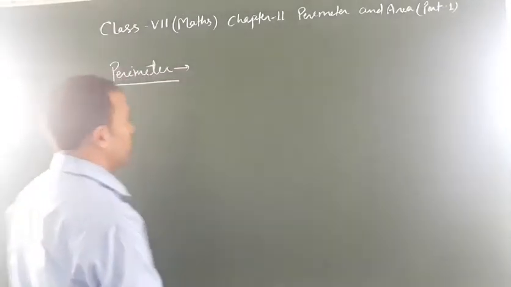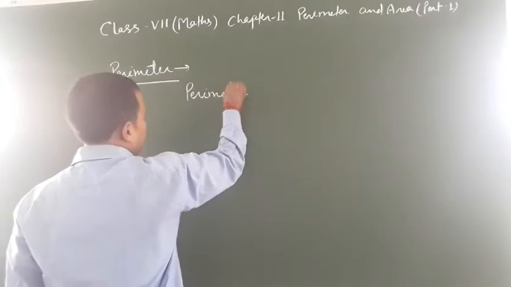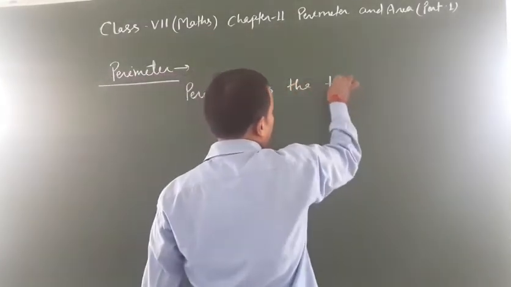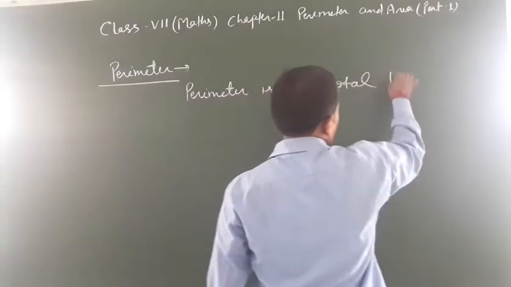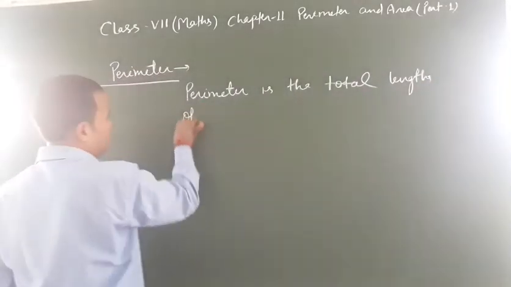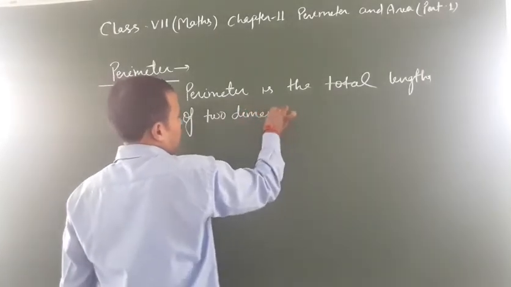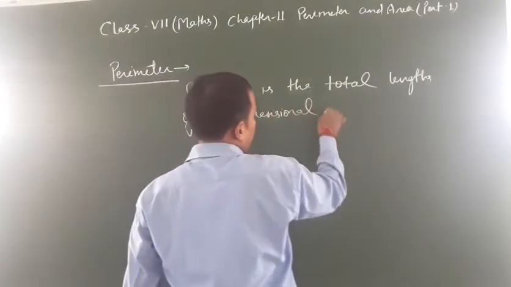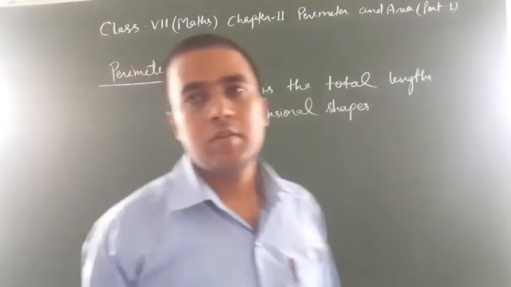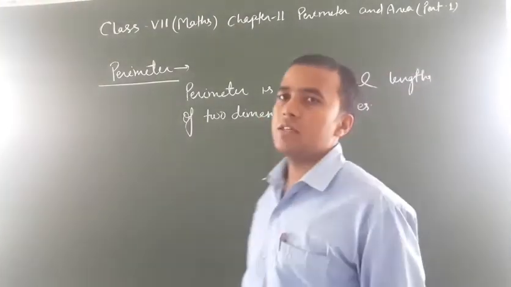So we will write: perimeter is the total length of two-dimensional shapes.